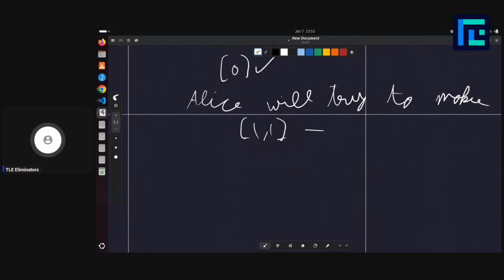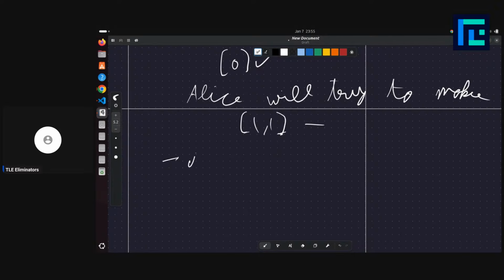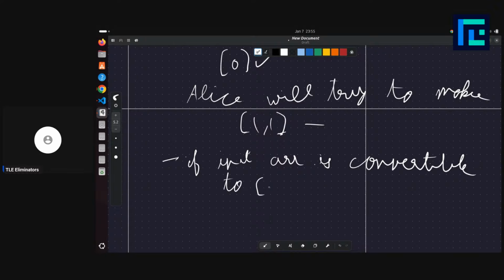So basically, if the initial array is convertible to 1 1, then Alice wins. Okay. So what arrays are convertible to 1 1?